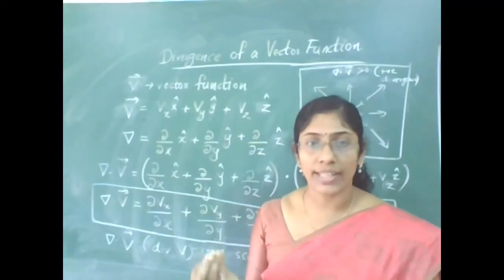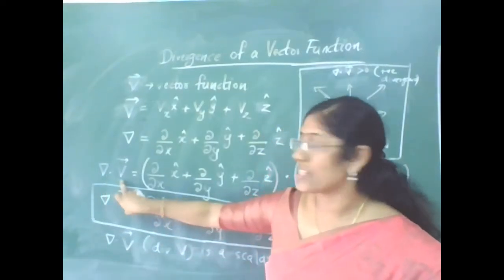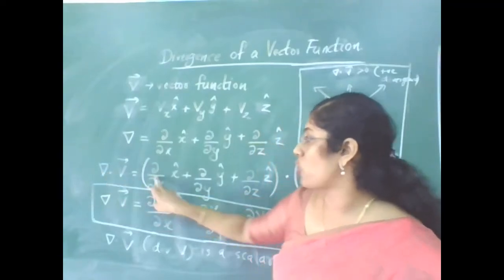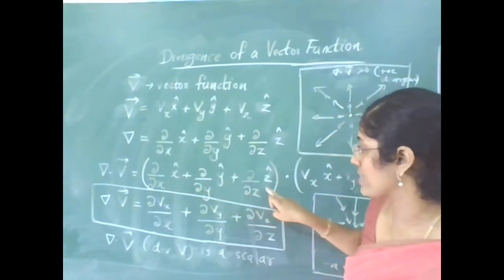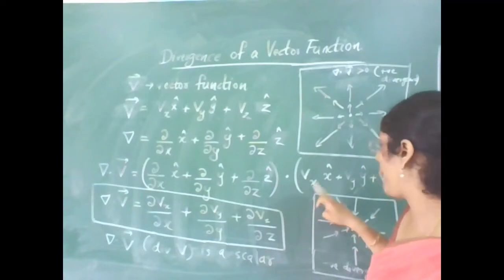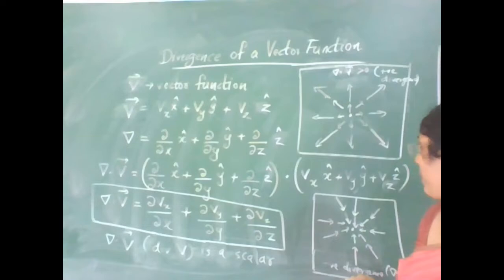You are all familiar with scalar product or dot product. Here we are taking the dot product of the del operator and vector V. Del dot V. So del is dou by dou x x cap plus dou by dou y y cap plus dou by dou z z cap, dot Vx x cap plus Vy y cap plus Vz z cap.